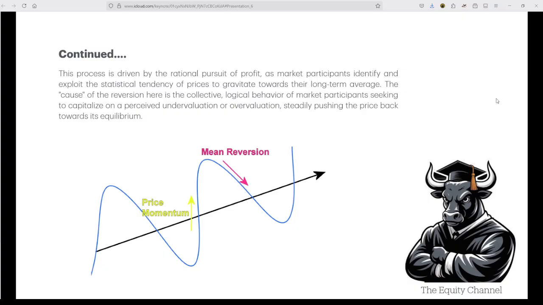This can be anything, right? This can be a currency, this can be an index, this can be a stock, a company, this can be the price of gold, this can be the price of oil, a commodity. This can be whatever it is. No matter how erratic the price movement is, the average will eventually show the true trajectory.